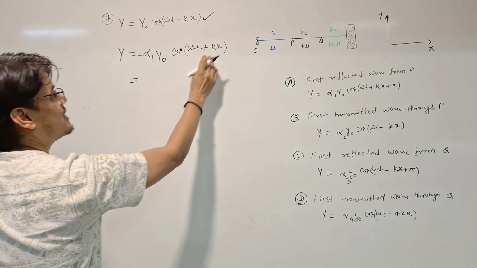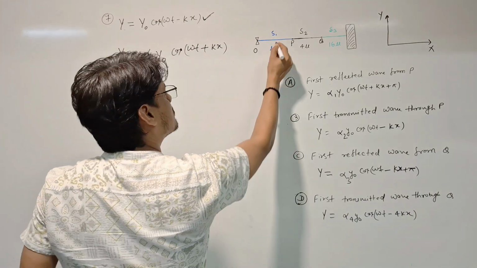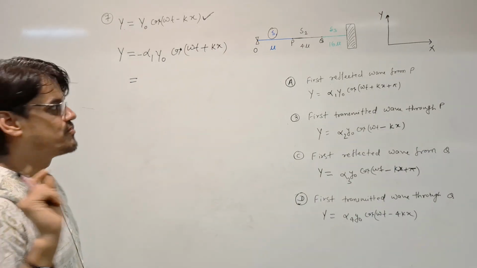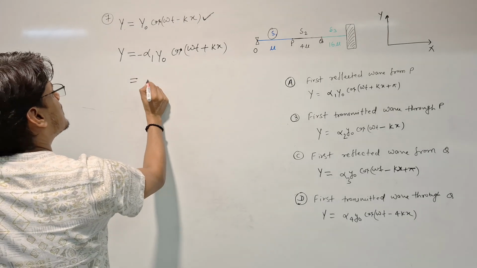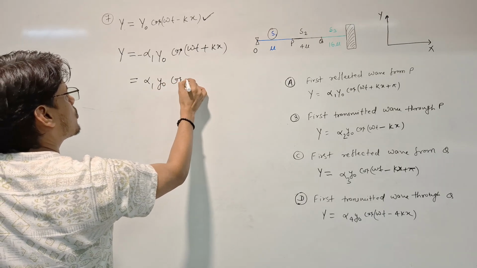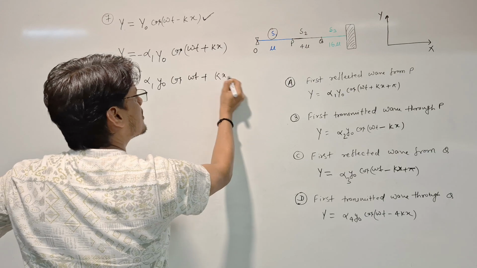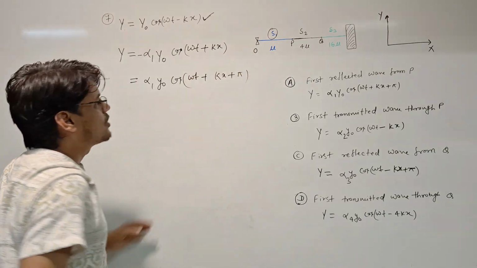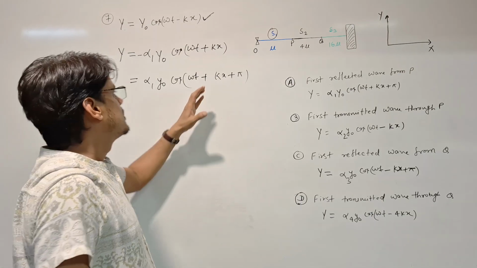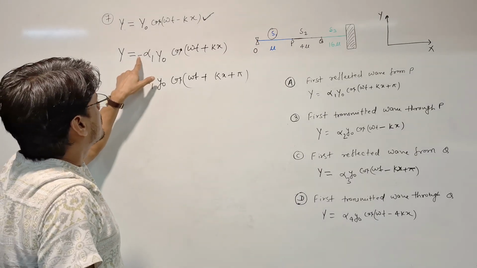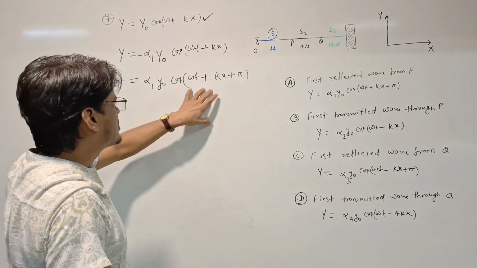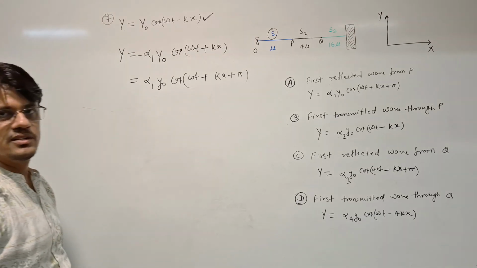The wave is traveling in the same medium S1, hence the value of k will be the same. When you simplify this, you can write cos of omega t plus kx plus pi, because cos of theta plus pi is equal to minus cos theta.